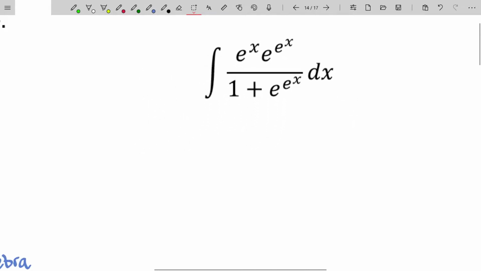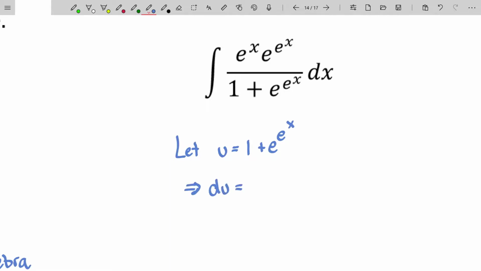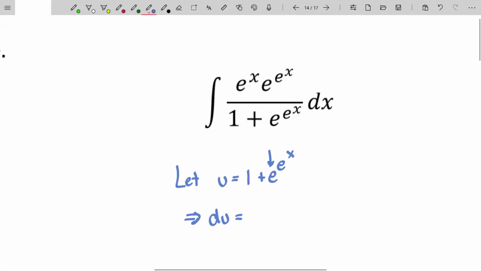If you do that substitution, if you let u equal 1 plus e raised to the x power, then du is equal to the derivative of 1, well, that's 0. The derivative of e to a power is, well, e to the power.